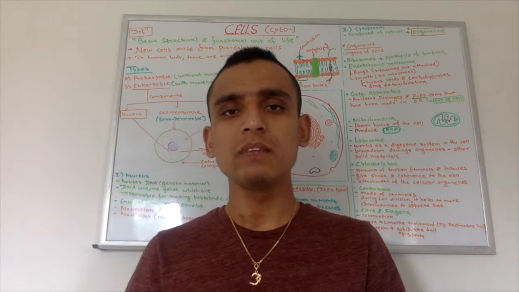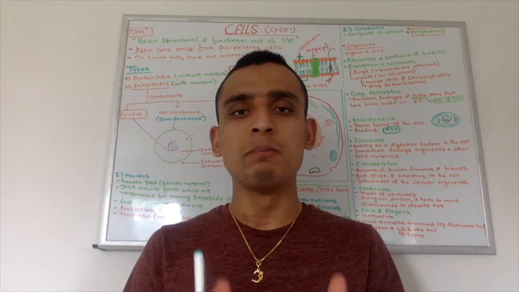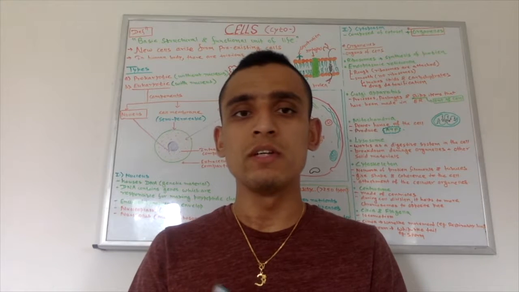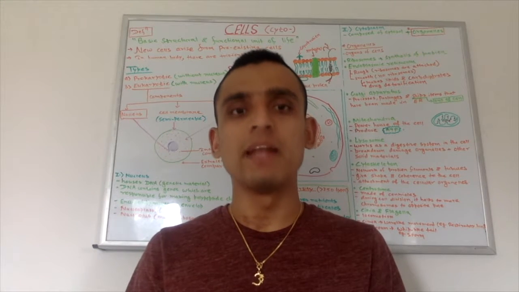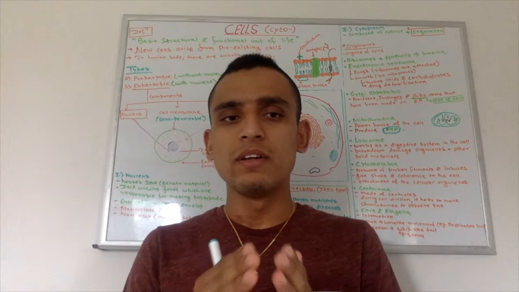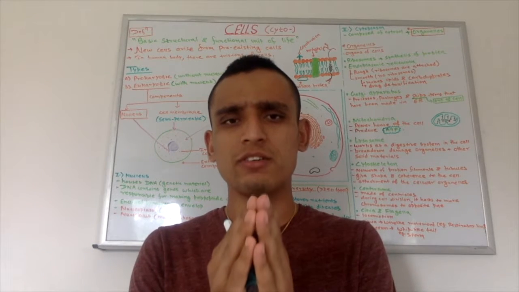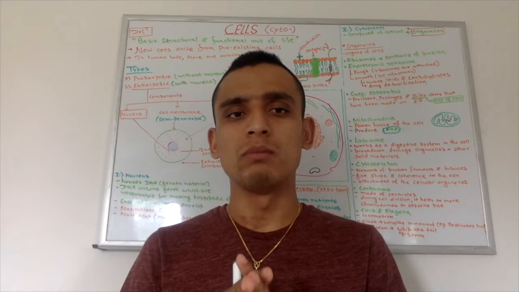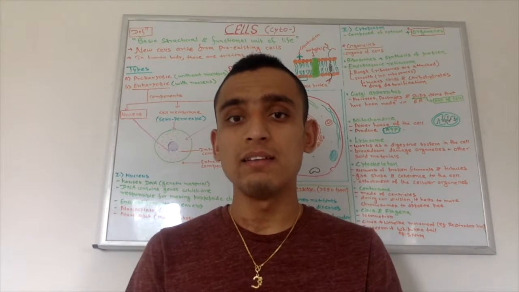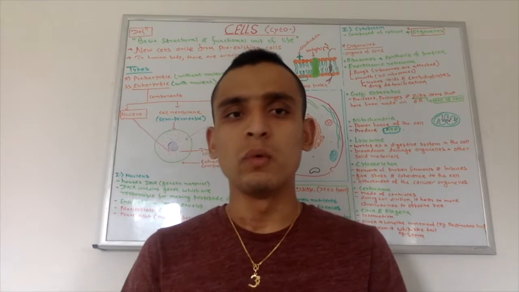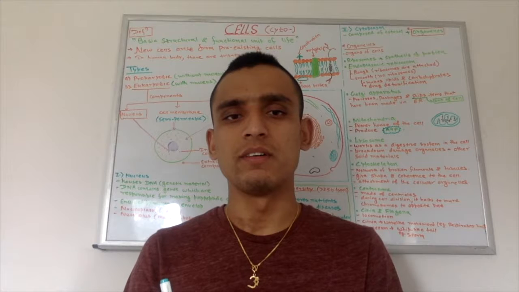The eukaryotic cell has mainly three components, which we're going to cover today: the nucleus, the cell membrane, and the cytoplasm. The nucleus is the master and the control center of the cell. It is a type of organelle, usually bigger than other organelles, where DNA is housed.